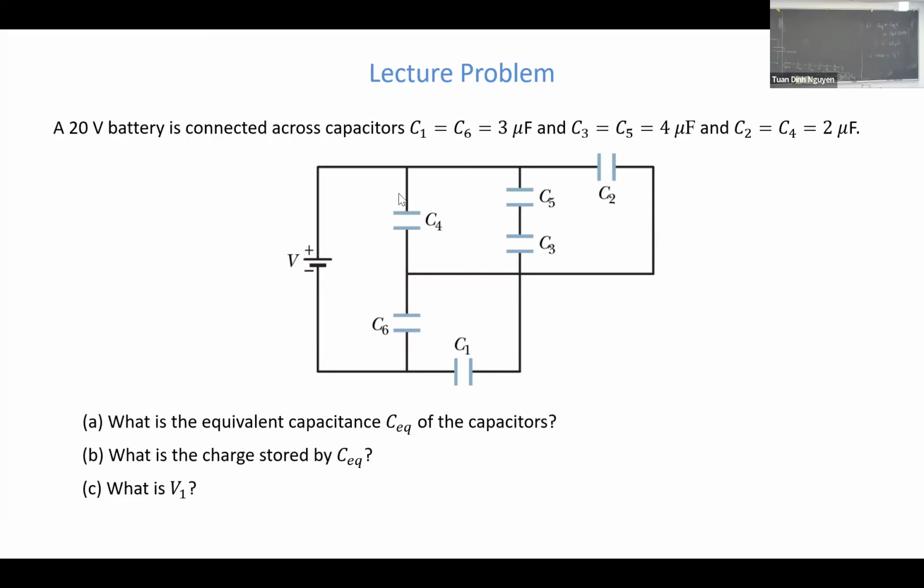And the phrase was same charge, different voltage. So, to give you an overview, the charge that resides on this entire equivalent capacitance is also the charge here, the charge here. And then knowing that charge will allow you to get the voltage. So that's how you go backwards on this.